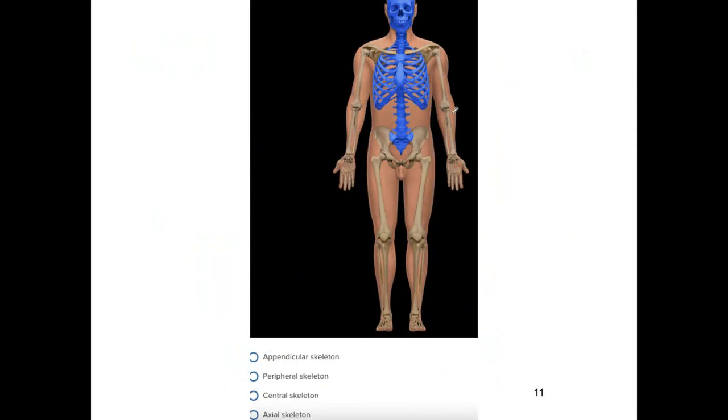So this has showed up on a previous exam. What is the highlighted structure? So we look here at the center. Is it the central skeleton? Well, I never taught you central skeleton. Is it the peripheral skeleton? Don't confuse central skeleton with the central nervous system. Don't confuse peripheral skeleton with the peripheral neural system.